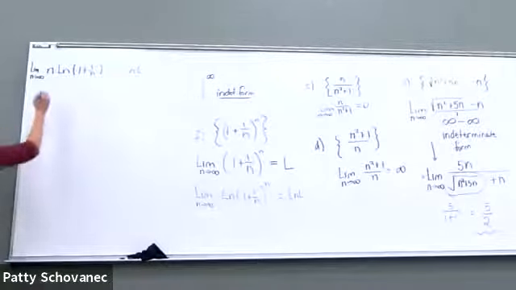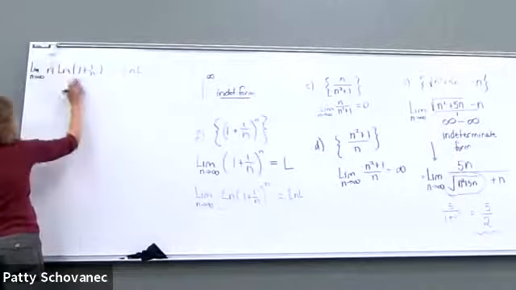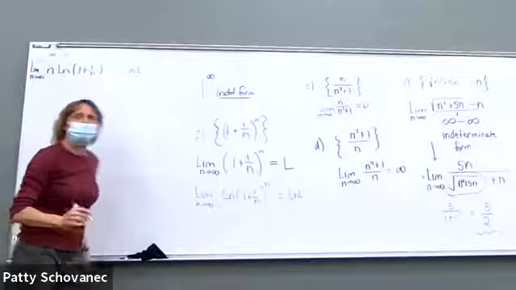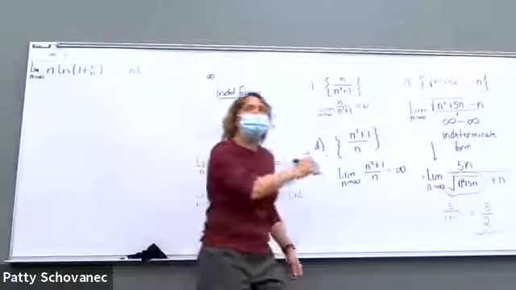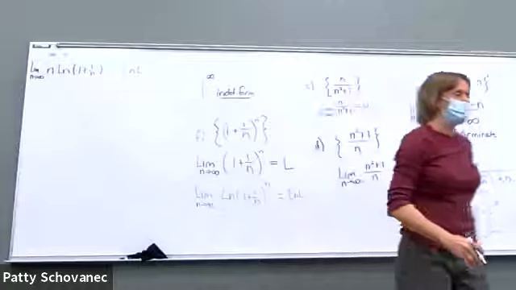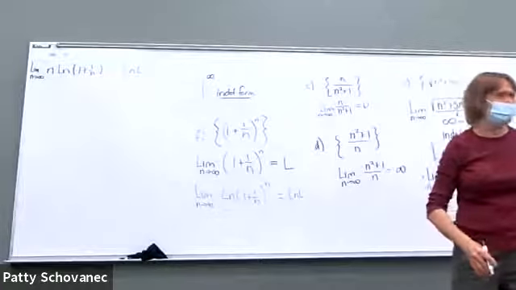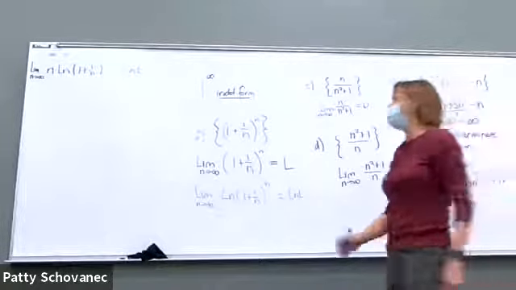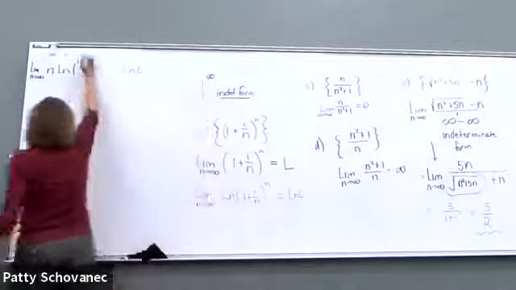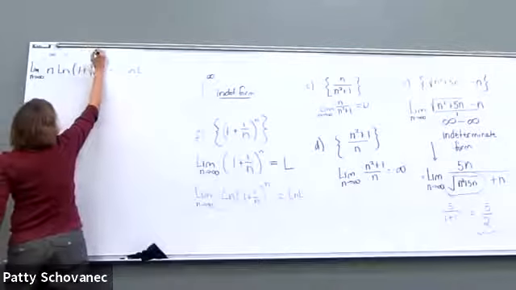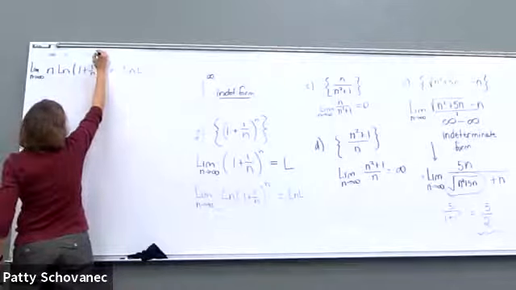As n goes to infinity, this n goes to infinity. This 1 over n goes to 0, so this behaves like the natural log of 1, which is 0. That's another indeterminate form. Am I bringing back any memories? What do you do when you have that indeterminate form? Take one of your factors and put its reciprocal in the bottom.